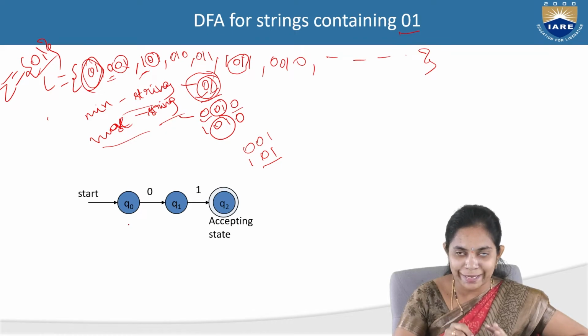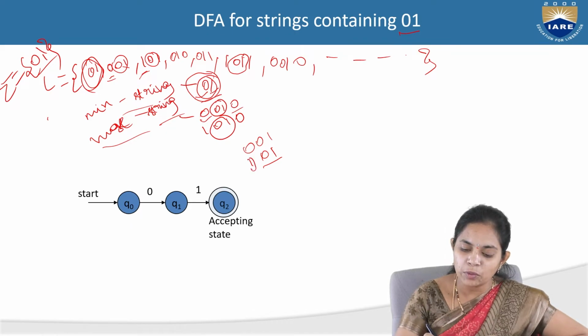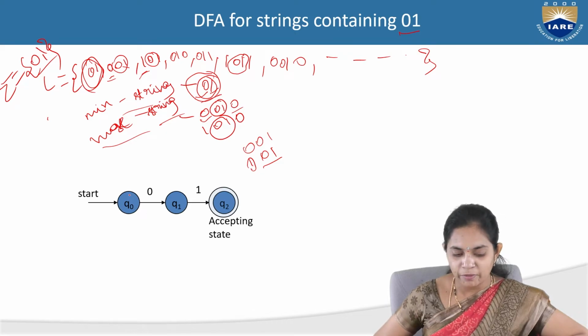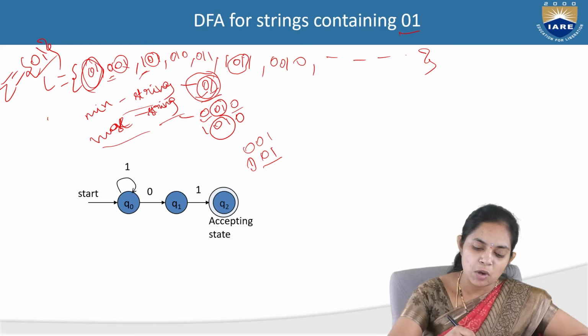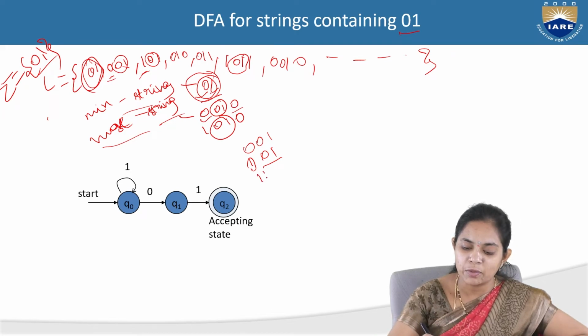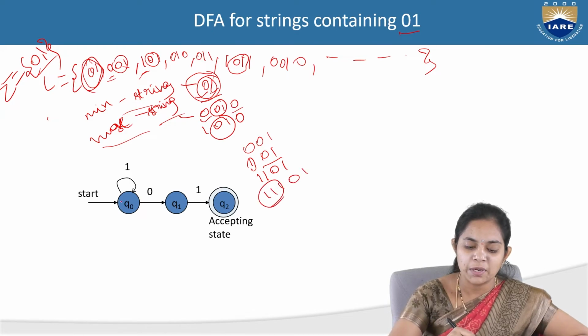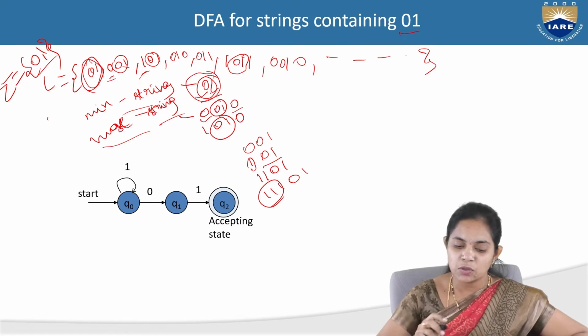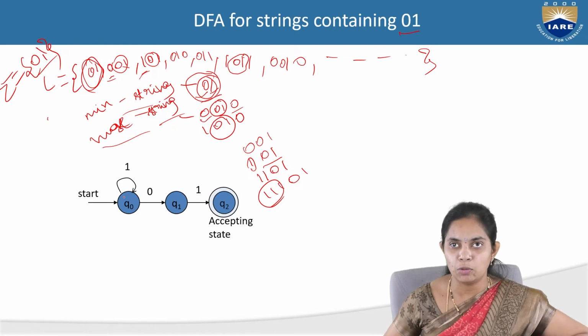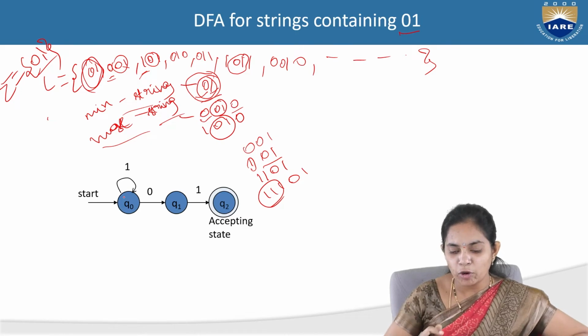So from Q0, the initial state, we have to represent it like this. For Q0, we give 1 as input, and it is also a self loop like this: 1, 1, 0, 1. How many ones are there? We can represent that with the self loop. How many ones are there in the string? All of that will be solved by this single loop. And what about the final?